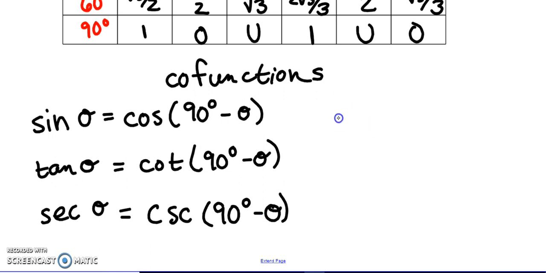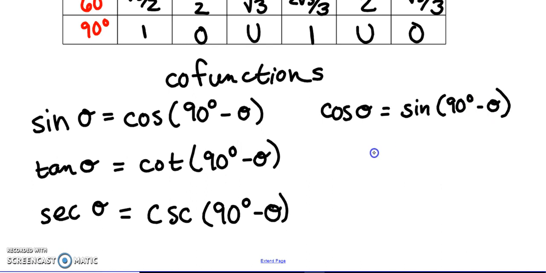They're identities, and identities are ones that stay true no matter what happens. We'll do more identities, and you'll hope that we quit identities soon, but we're not going to at that point. But this is going to be very, very good to know.